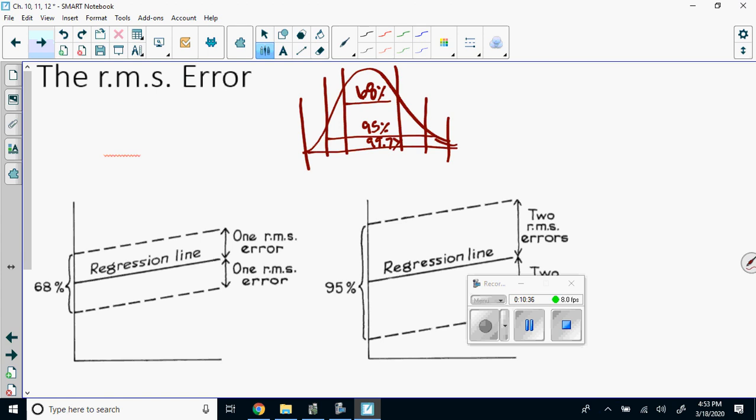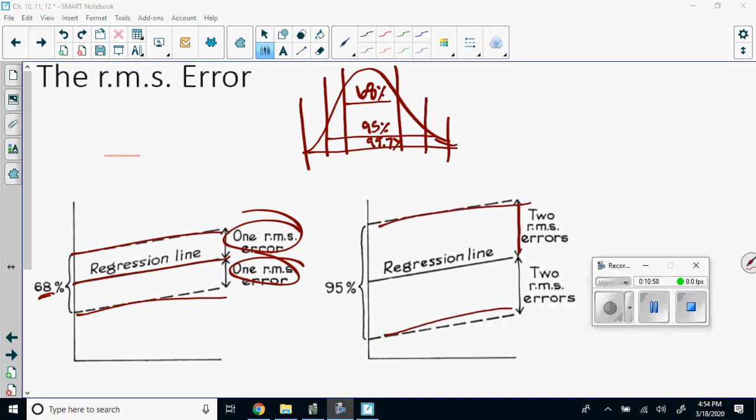Same thing applies for regression lines and RMS errors. We would expect 68% of the dots to be within one RMS error of the line. So within this range, 68% of our dots will be there. And within two RMS errors, within this range, 95% of our dots will be there.